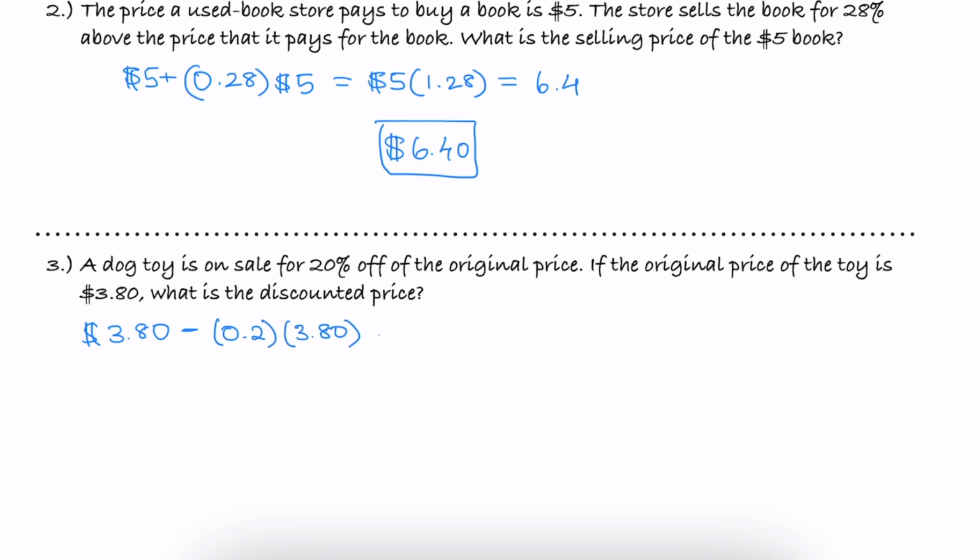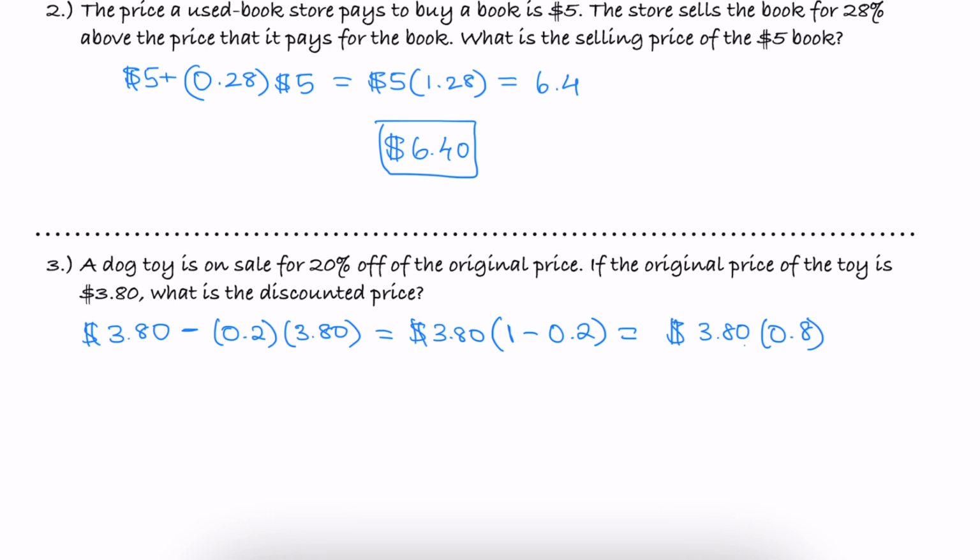Now another way to write this, similar to this question 2 up here, is $3.80 times 1 minus the 20%, which is the same thing as $3.80 times 0.8 or 80%, which makes sense if you think about it, because if a dog toy is on sale for 20% off of the original price, that means the selling price is 80% of the original price.